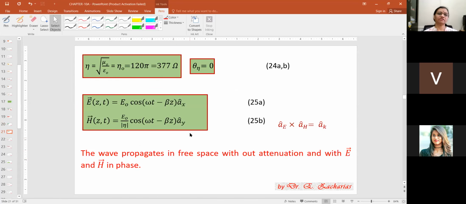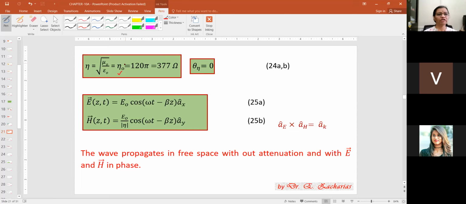Now to complete, eta. Eta we have seen for lossless was under root of mu by epsilon. So what will it become now? Here it will become under root of mu naught by epsilon naught. And because it is for free space, we will call it eta naught. And if you substitute the values, you don't have to, every time in an examination, keep sitting and writing mu naught equal to 4 pi into 10 to the power of minus 7 divided by 8.85 into 10 to the power of minus 12.